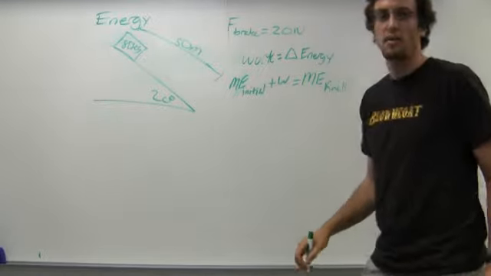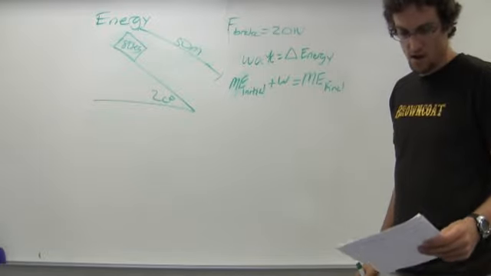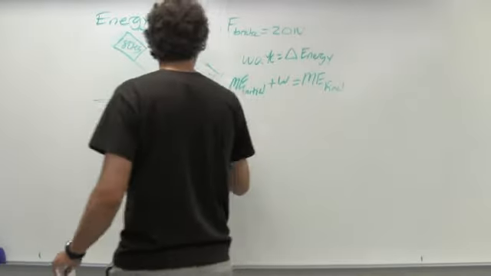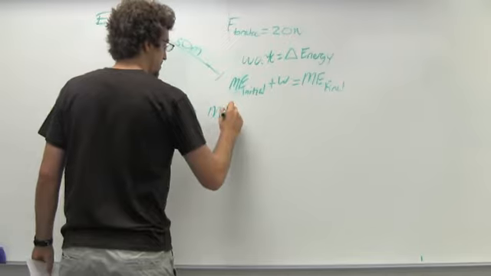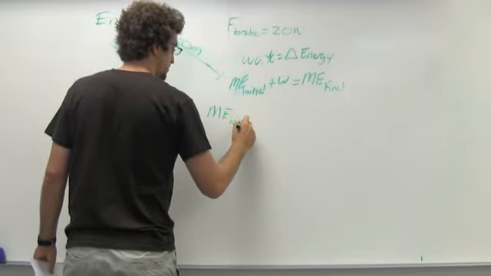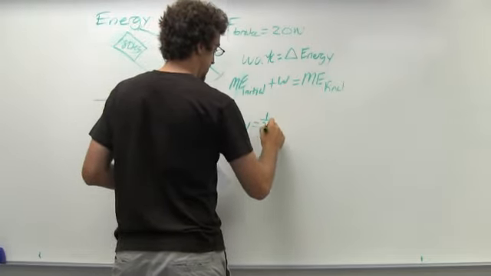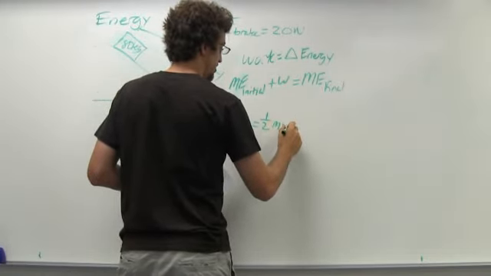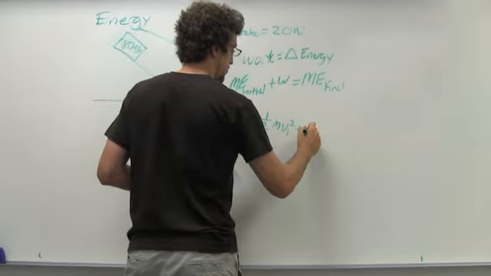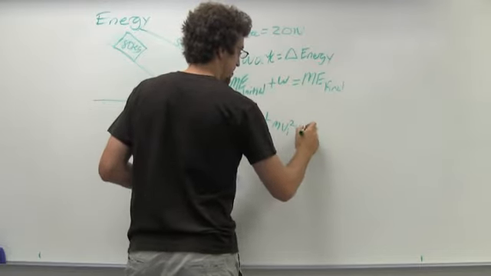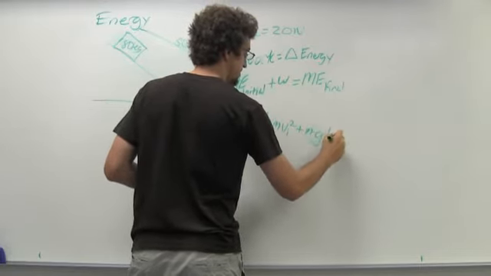Now we have to calculate our mechanical energy and our work. Mechanical energy initial is going to be 1/2 mass times initial velocity squared plus mass times gravity times the initial height.